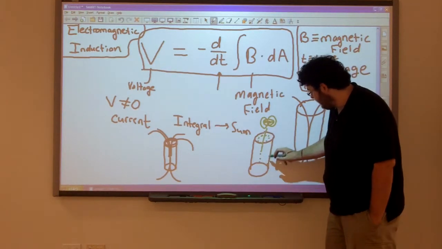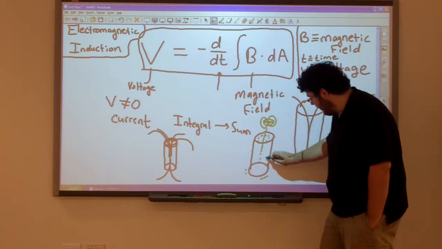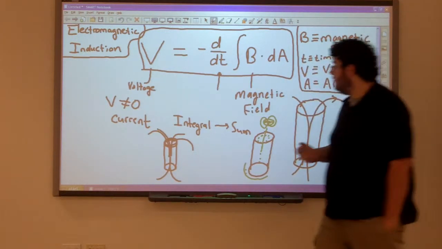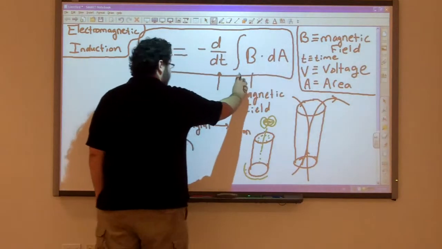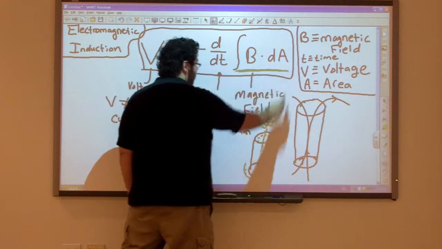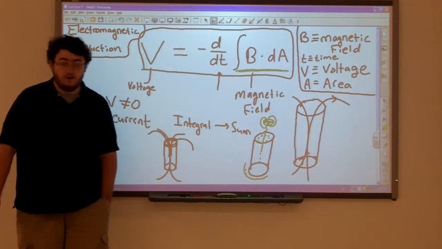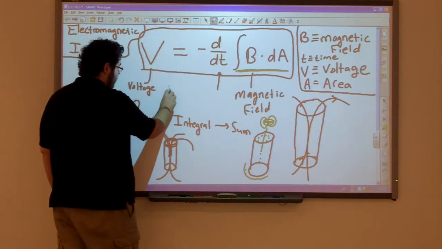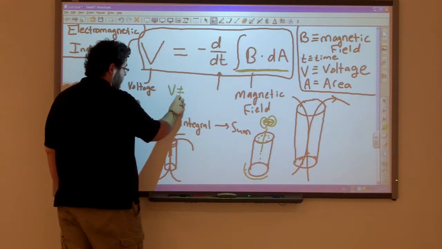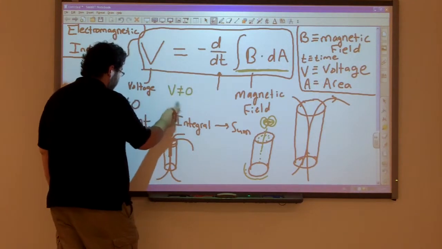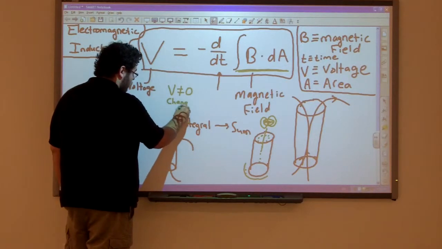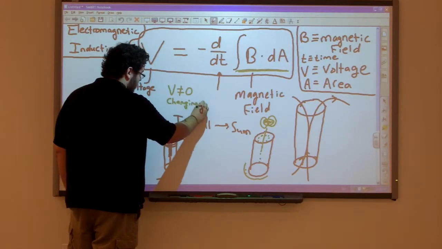And as it keeps falling, the places that had no magnetic field to begin with will start to experience a magnetic field. Therefore, the rate of change of summing up our magnetic fields will not be zero. So what this tells me is that in order for V to be non-zero, we need a changing magnet.